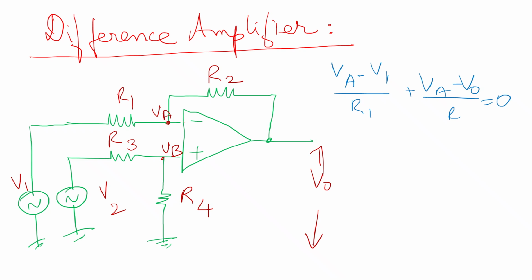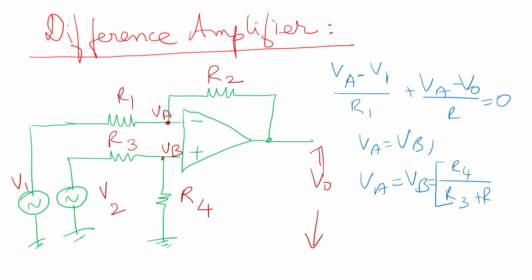Since VA is equal to VB, VA is equal to VB is equal to R4 divided by R3 plus R4 into V2.